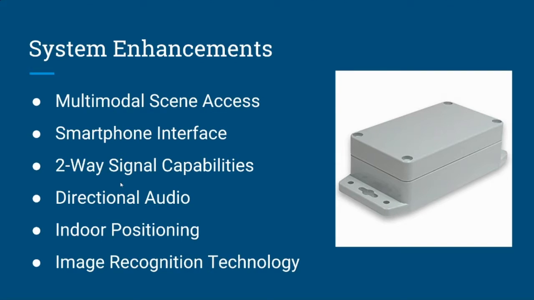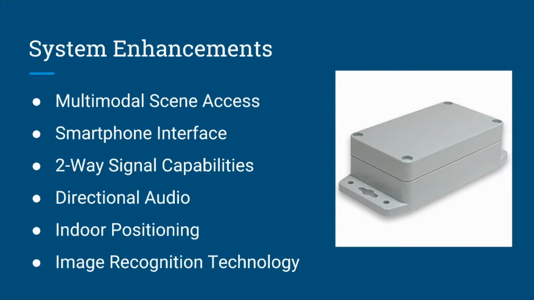What we would like to do is modify this beacon, making it maybe twice the size to add two-way signal capabilities so that we can send information to the beacon as well as receive information from the beacon. In doing this, this will allow us to also include a small speaker, which will be able to provide users with directional audio cue through the smartphone interface.